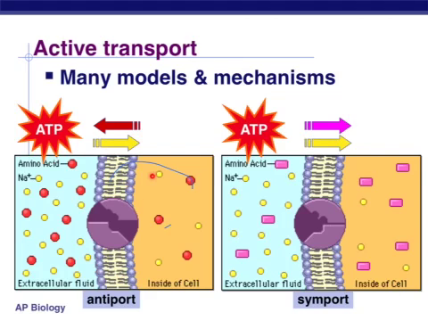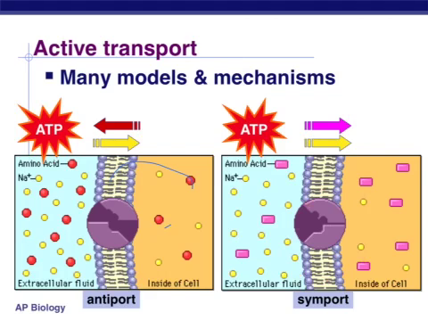This particular model is called an antiport, and it is able to take in two different molecules at the same time. It can take in molecules of sodium, and it can take in amino acids all simultaneously and release them in two different directions. So the sodium goes in and the amino acids go out.